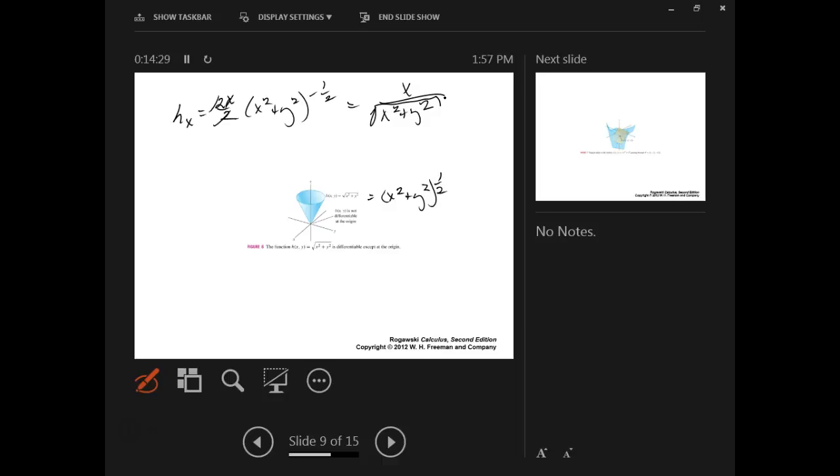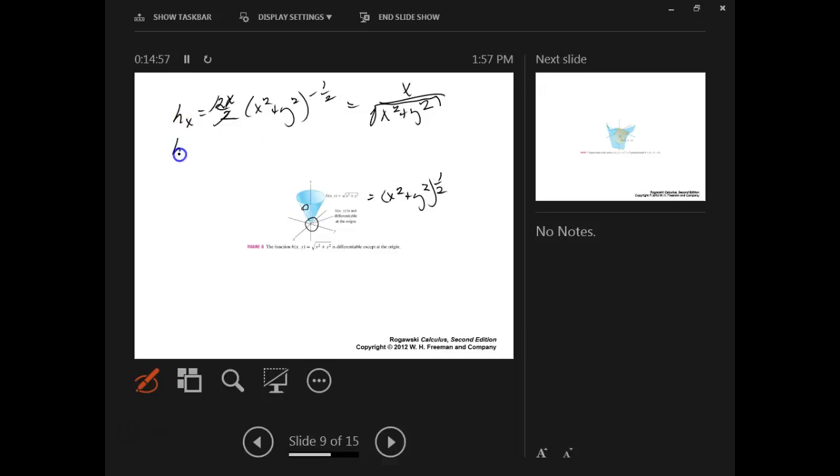So it is not differentiable on any disk that contains the origin. And you can kind of see that there. Any place here you choose on the side here, that'll be fine. No problem there at all. But you cannot have any portion of the domain that would include the origin. Not going to work at all.